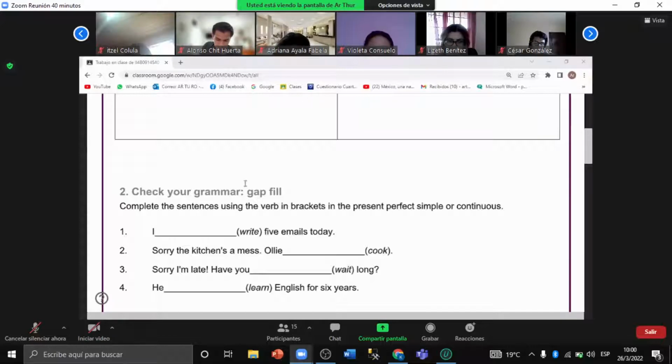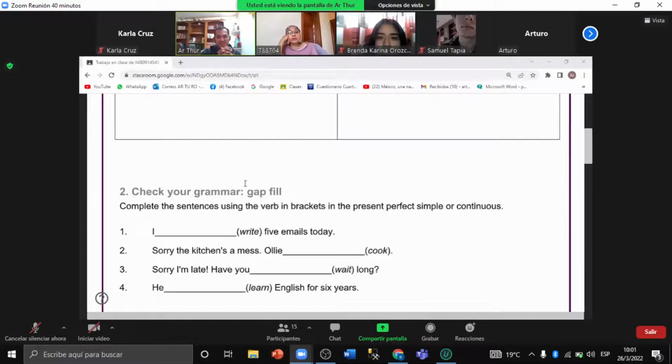Number 2, complete sentences using the verb in brackets in the present perfect simple or continuous. Number 1, I have written 5 emails today. Okay, I have written 5 emails today.